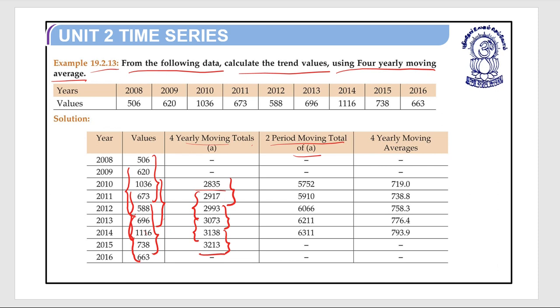For the 4-yearly moving average, divide by 8. So 738.8, 758.3, 776.4, 793.9.